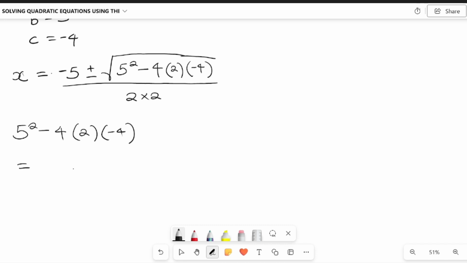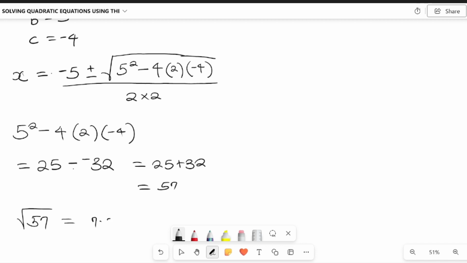So that gives us 5 squared, which is equal to 25, minus 4 times 2 times negative 4. That actually gives us negative 32. So when we work this out, we'll get 57. The square root of 57, you can work that out using a calculator and you'll get 7.55.